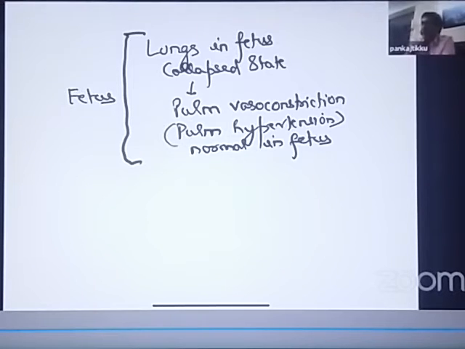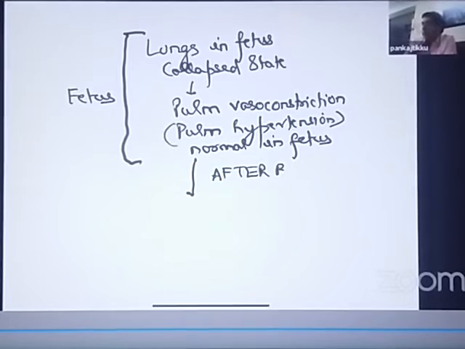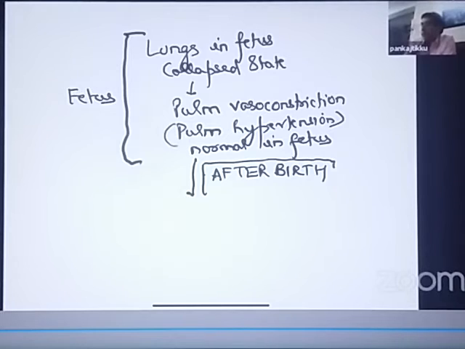Now what happens is, after birth, suddenly the child starts taking in air. He cries and the newborn takes in air.